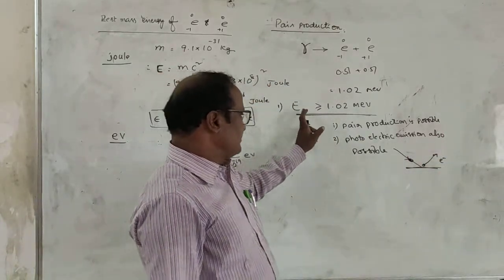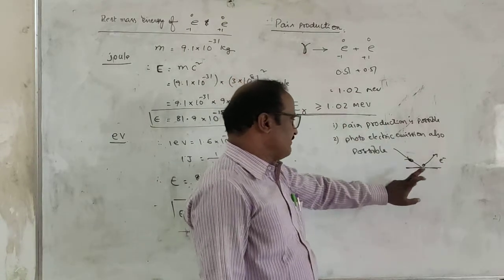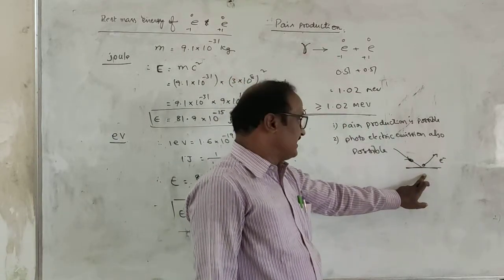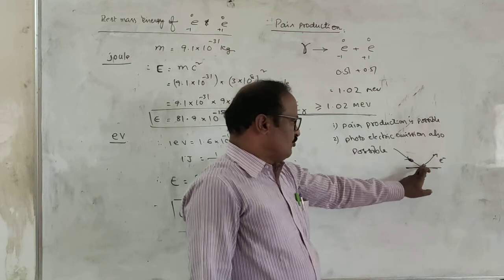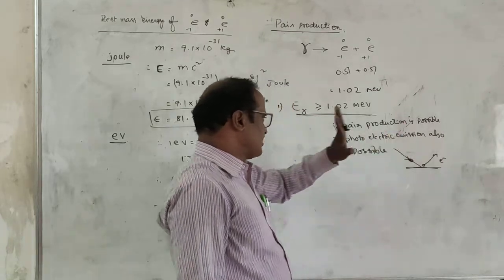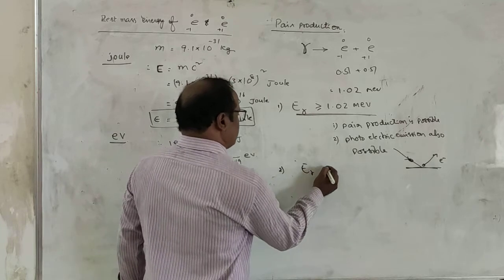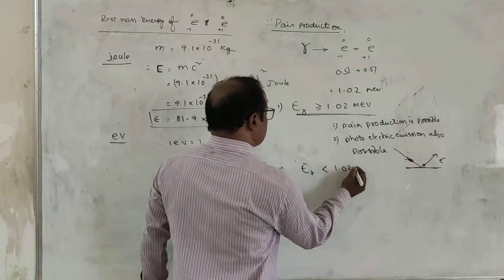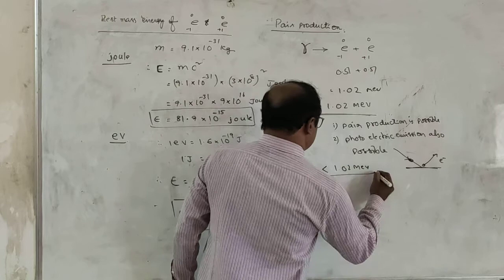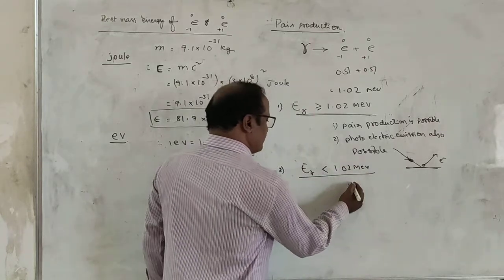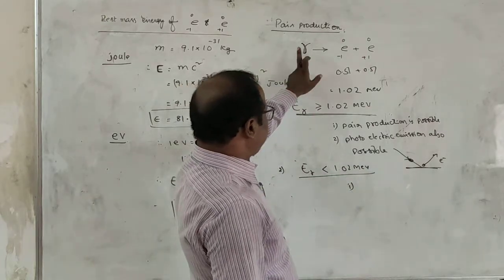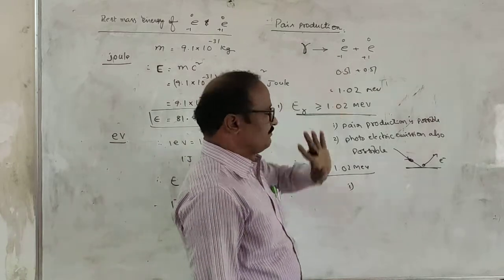If the energy of the incident photon is greater than 1.02 MeV, photoelectric emission is possible and pair production is also possible. But if the energy of the gamma ray photon is less than 1.02 MeV, it cannot be split up into an electron and a positron.